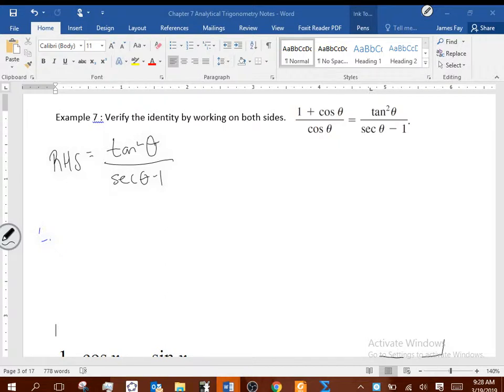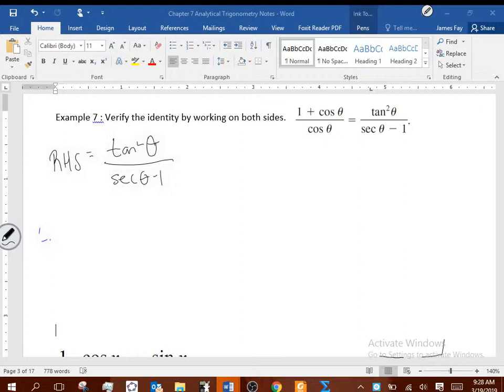You're going to see as we work with this one, a lot of the stuff that I just erased is going to show up in a different order. It's going to be reversed essentially. But if I could not make the substitution that tangent squared was equal to secant squared minus 1, my last resort is to change everything into what? Sine and cosine, right? So let's do that.